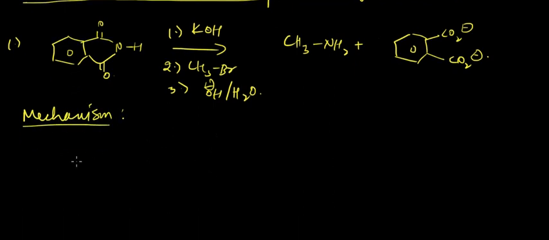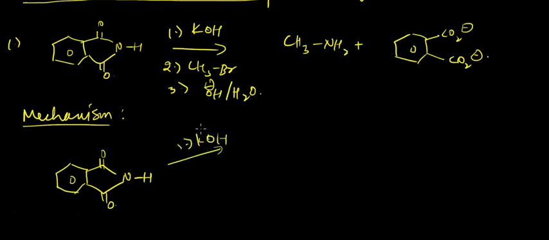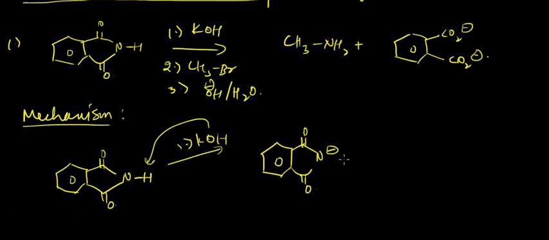So we have first this compound. Next we react it. First thing we are passing it in presence of KOH, so naturally OH will take the H atom as H plus and we will get N negative, so it would become a very good nucleophile.